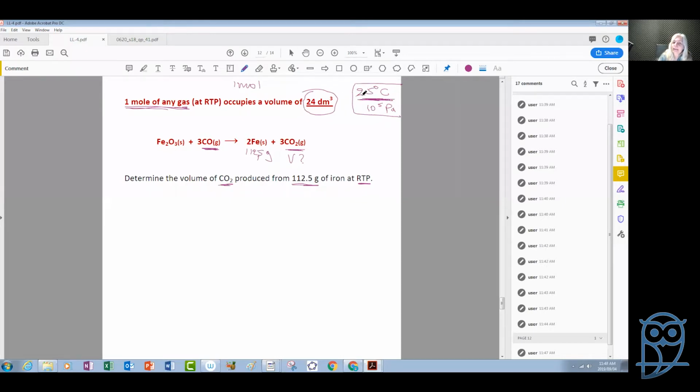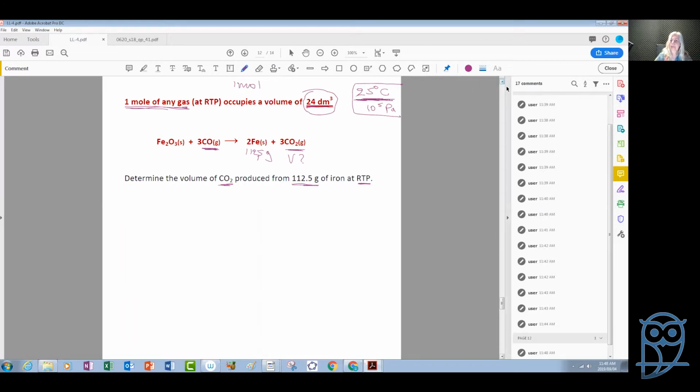So remember, this 24 cubic decimeters corresponds to room temperature, 25 degrees Celsius, not 0 degrees Celsius, because at 0 degrees Celsius it's a little bit less, it's 22.4 only. In chemistry, we are going to use 25 degrees Celsius, in which case 1 mole of any gas occupies 24 cubic decimeters.